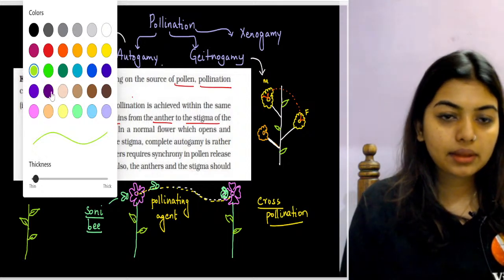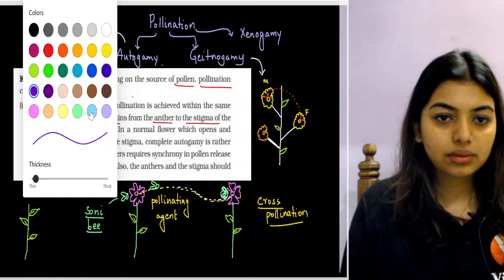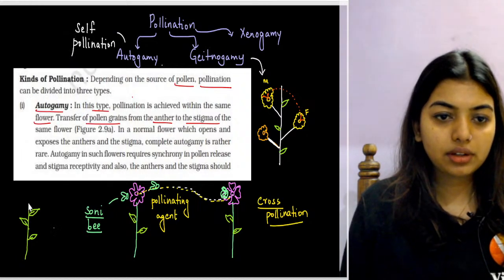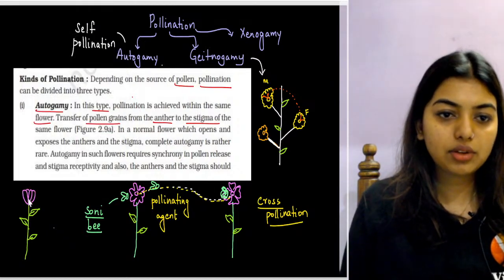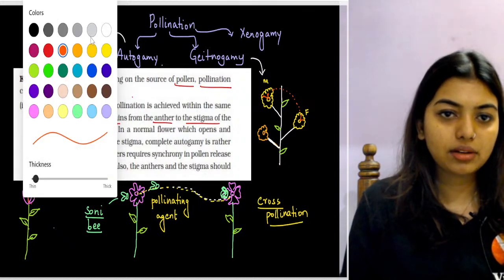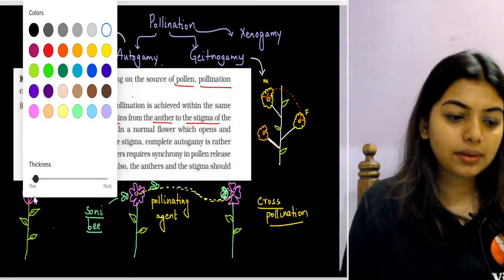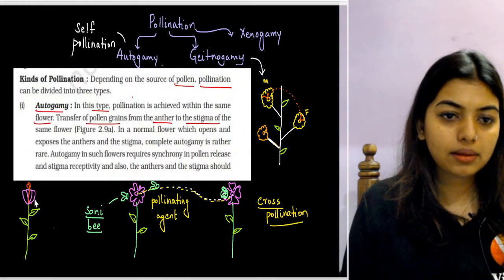Now, see students, this is the flower. In this flower only, obviously, anther is going to be there and stigma is going to be there. All of you have seen hibiscus plant, no? So like this, stigma also will be there.